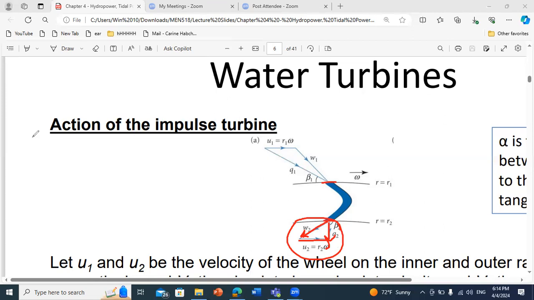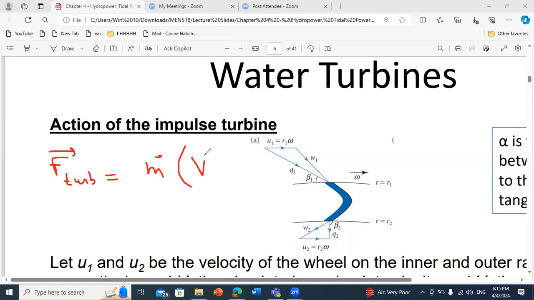Now, from fluid analysis, we know that the force developed by water on the turbine can be calculated by F, force of water on turbine, will be equal to m dot of water times the velocity vector at the inlet minus the velocity vector at the outlet.